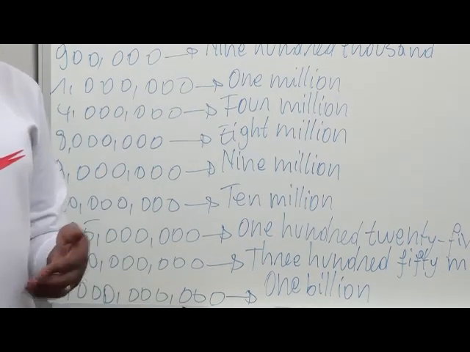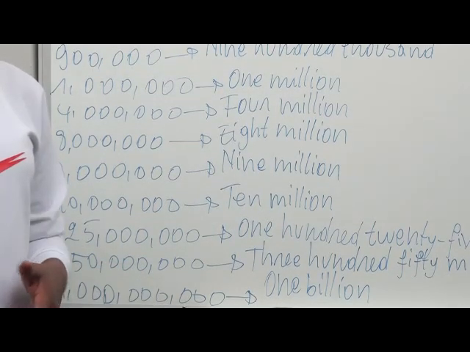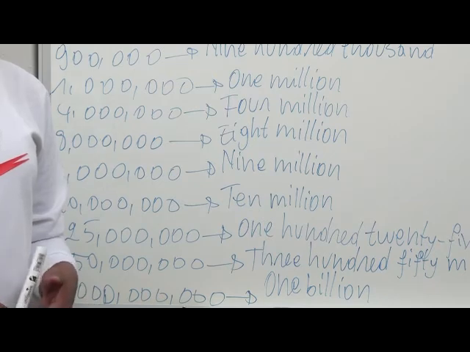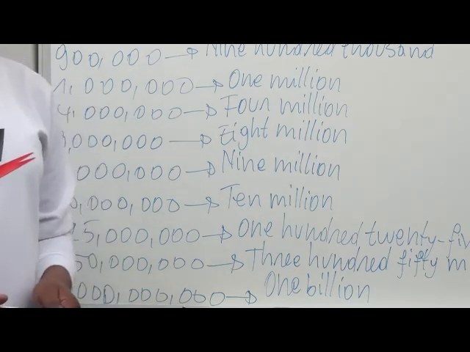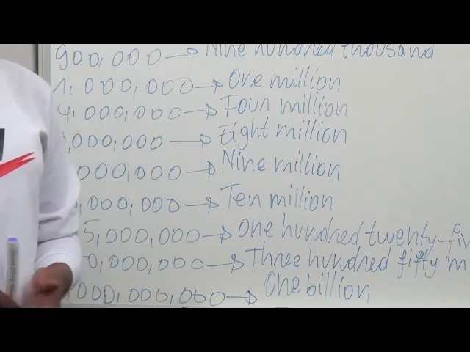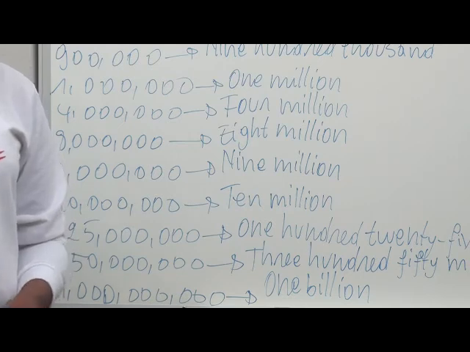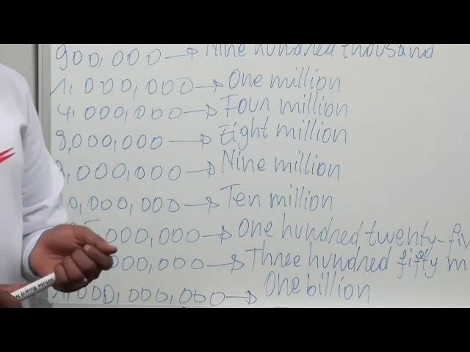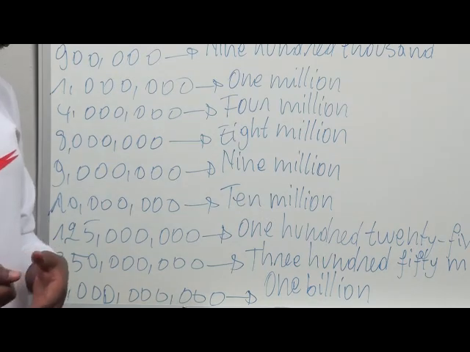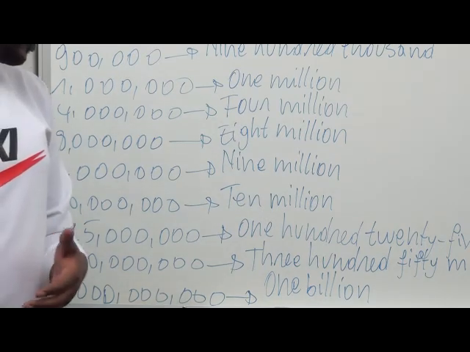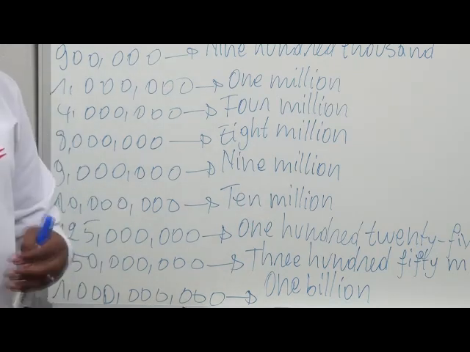So don't get confused when it comes to 1 billion, because there is no possibility of linking it to French reading and saying 1 milliard. No, in English it doesn't exist. We say 1 billion. This is the last number that we will see today, and we will not even continue with further numbers.